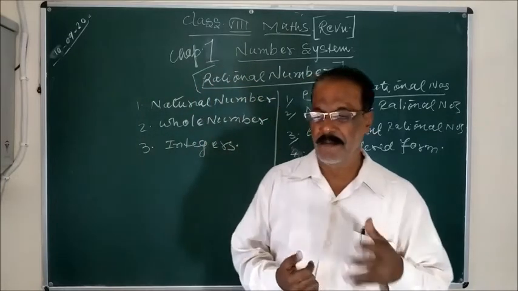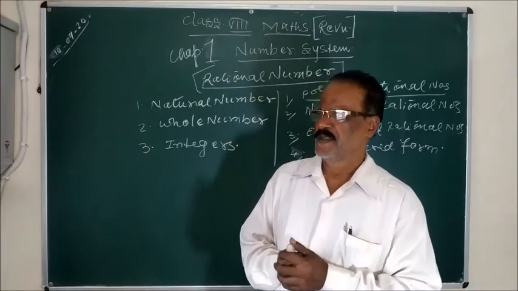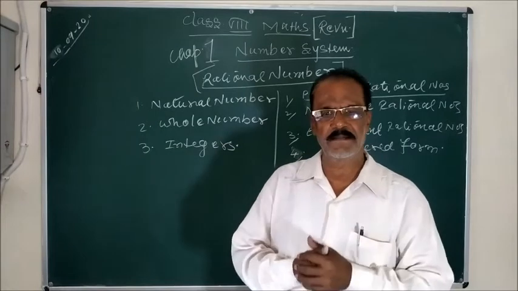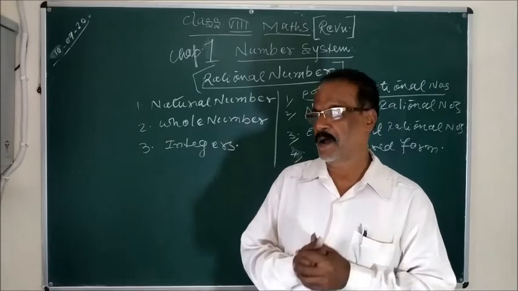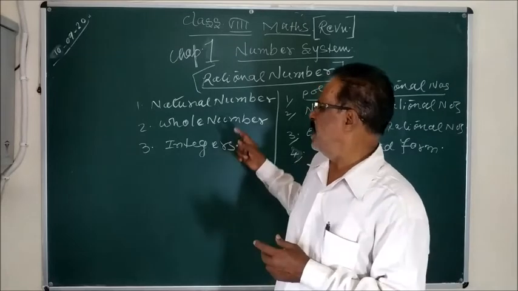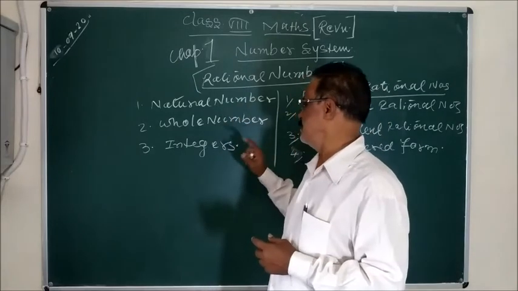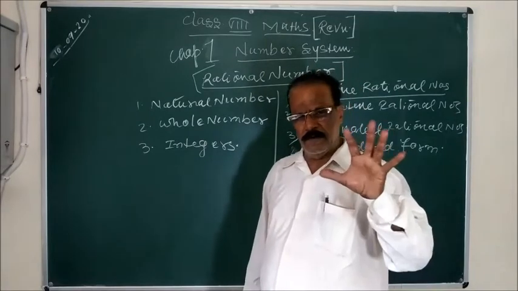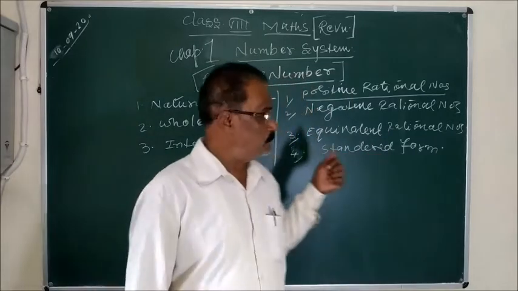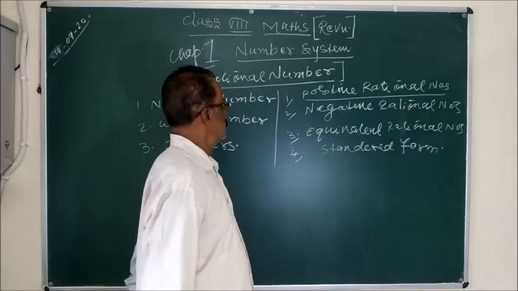Some of them you must have seen: prime number, composite number, even number, odd number, co-prime. These are natural numbers, whole numbers, and integers. I suppose you must have heard the names of these numbers.